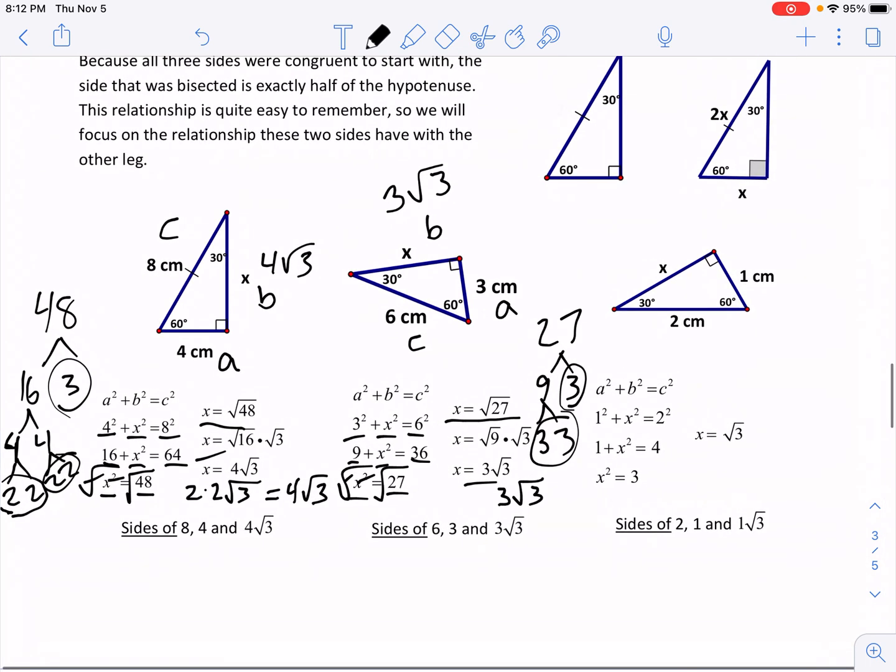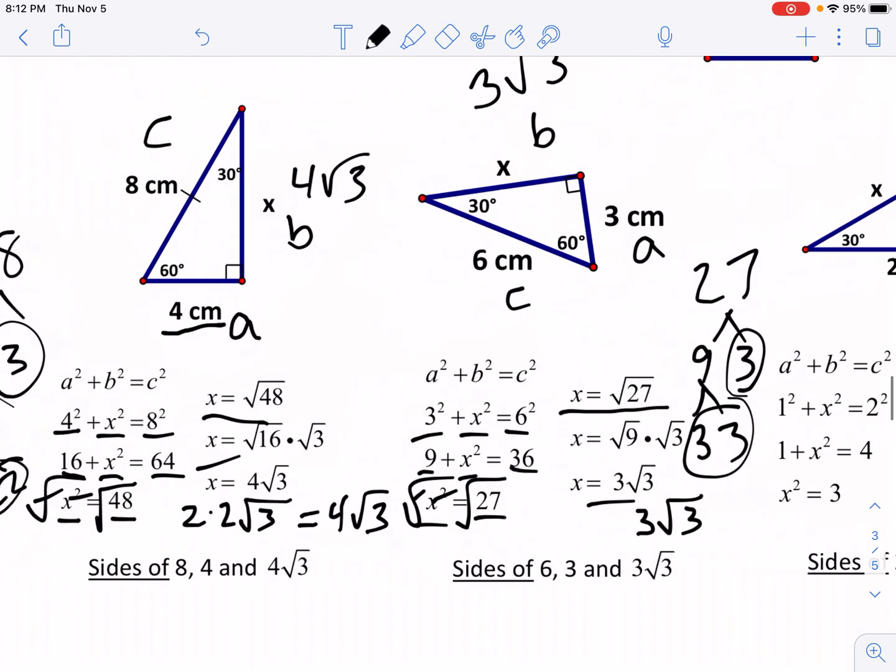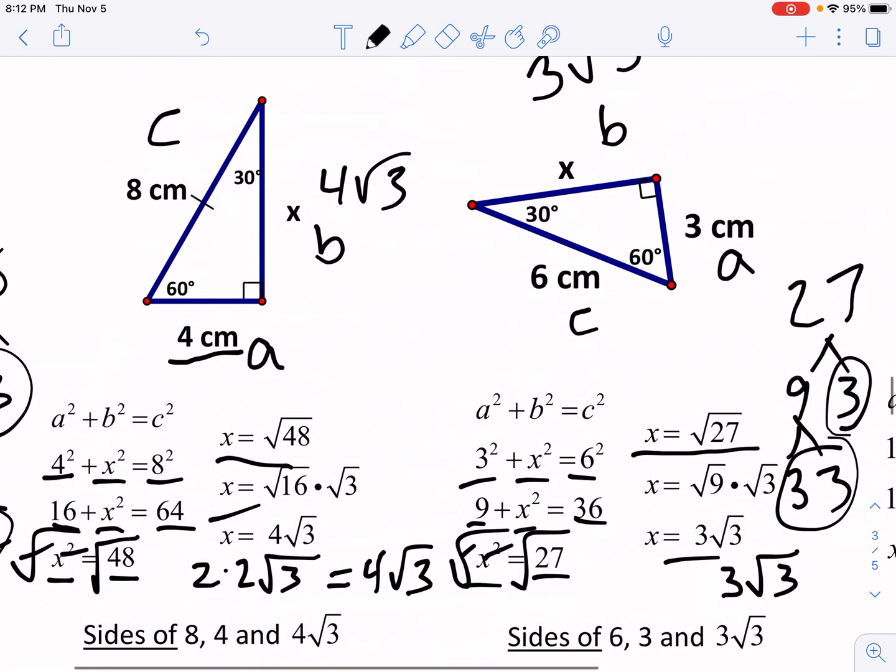Well, notice we already started to form a pattern here, okay? Notice the relationship between the 3 sides. If I let this guy be, let's pick a different variable than x because we already used x. Let's say it's y, okay? So if 4 is y, how do I get to 8? What would I have to multiply to 4 to get to 8? 2, right?